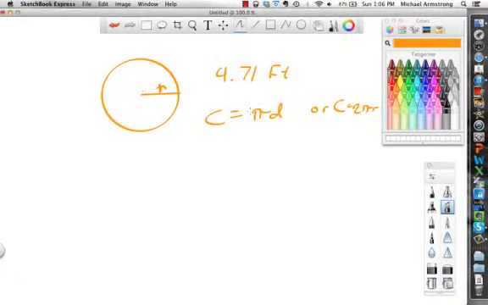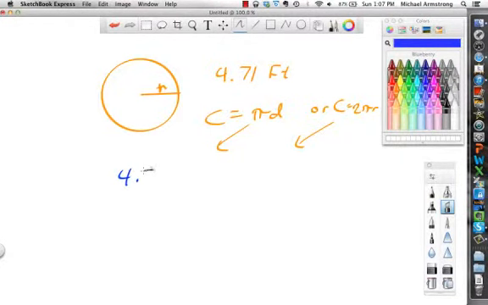Okay, since we have r here, we could use this one. That might be better. The book uses pi times d. So I guess it doesn't matter. We'll go ahead and use the pi times d just because the book does, and we'll see what we get.